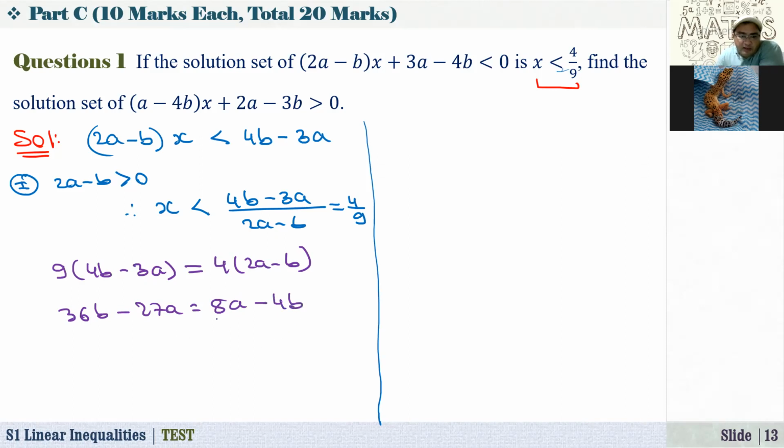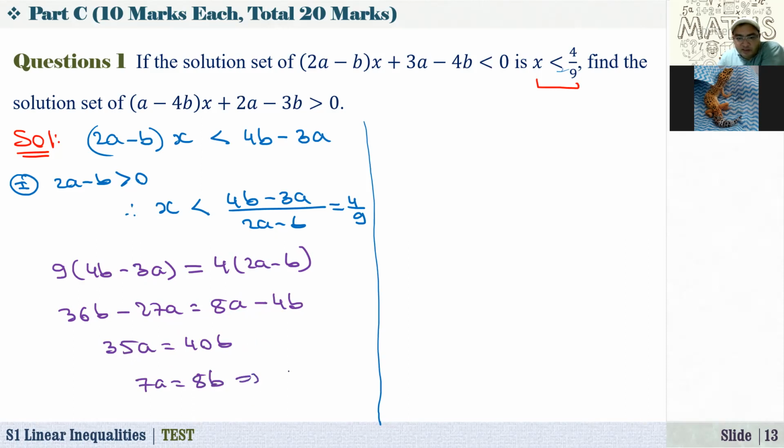Take 27a to the right hand side, 8a plus 27a is 35a. Take minus 4b to the left hand side, that is 40b. Dividing both sides by 5, we have 7a equals 8b.